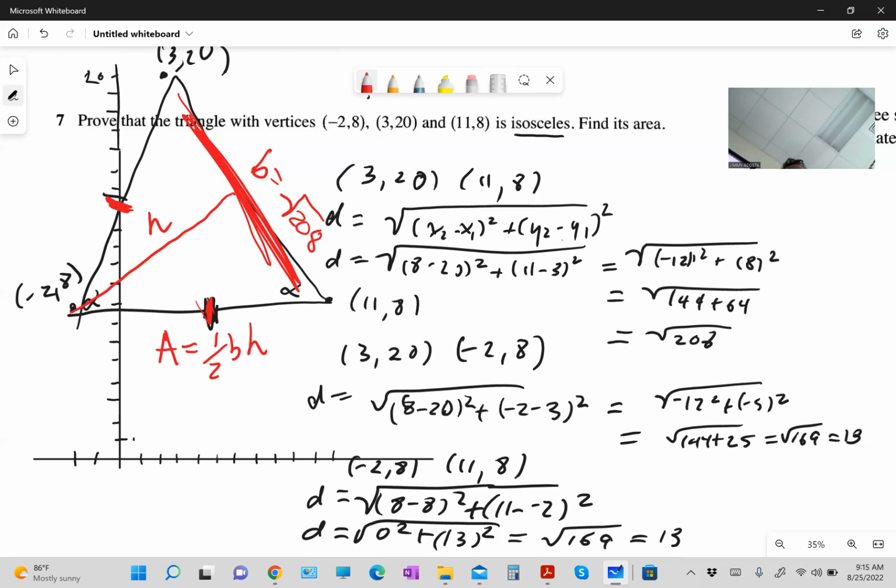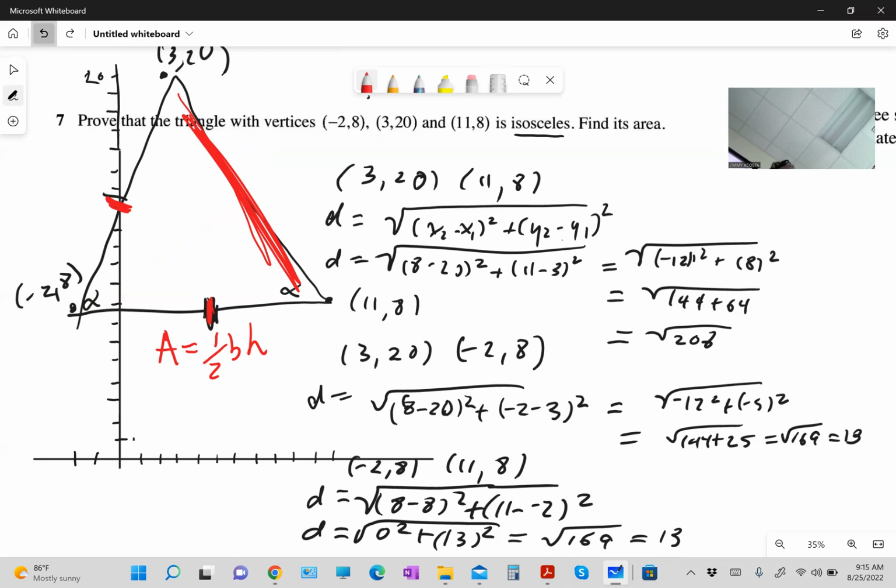The height is the distance between this here and this over here. Well, how do you find that? That is called your perpendicular bisector. So what do you think that middle point is going to be? We have a formula to find it. The midpoint.